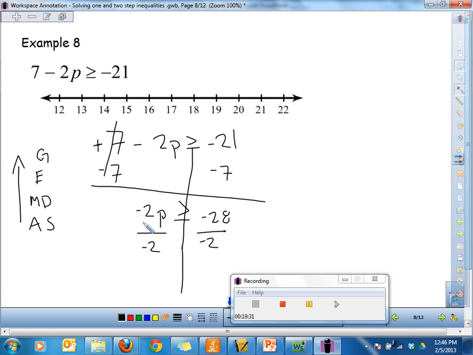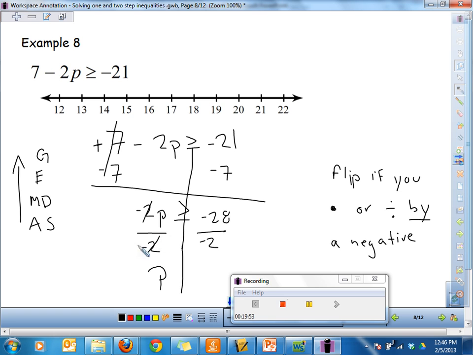Now, these 2's cancel out. I'm left with p. I divided by a negative. Remember, the rule is to flip your sign if you multiply or divide by a negative. And that's what I just did.